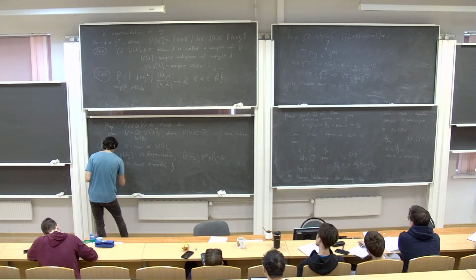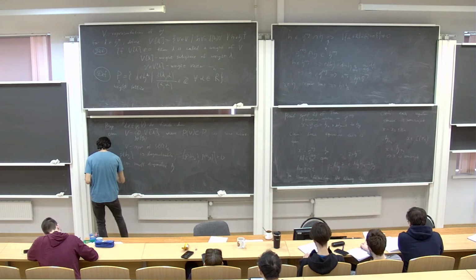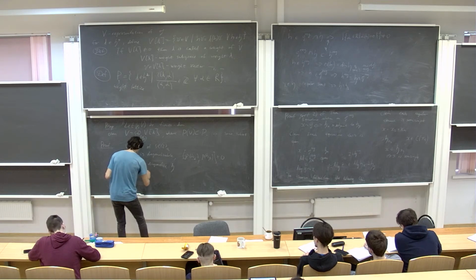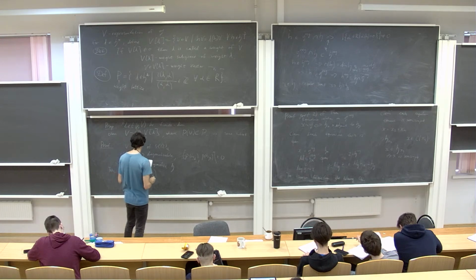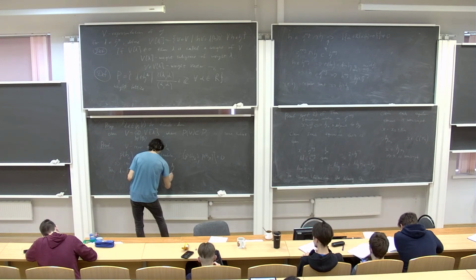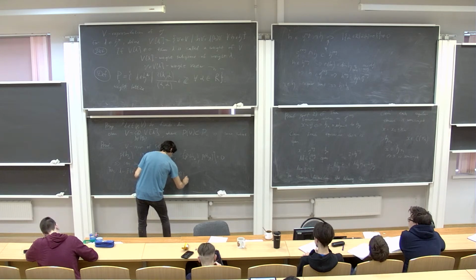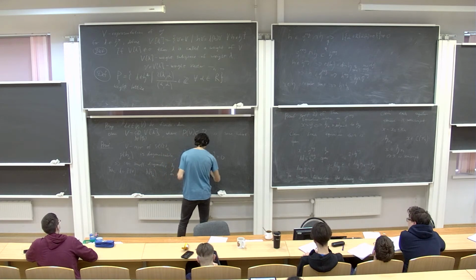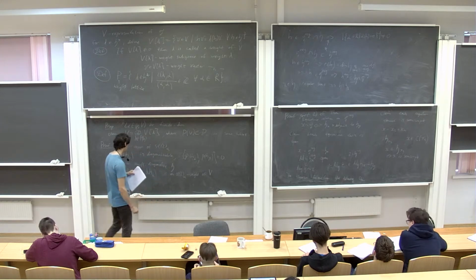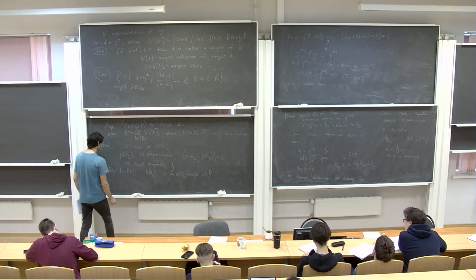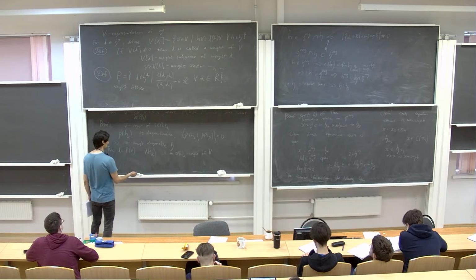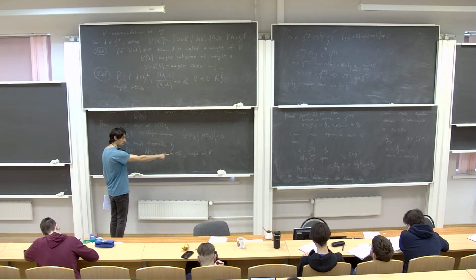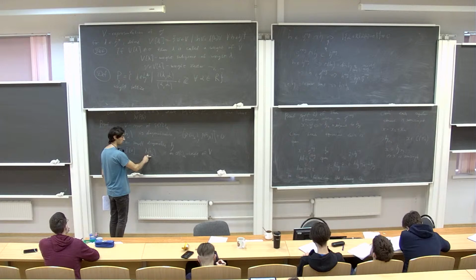If I take lambda from P of V, then lambda of H alpha is an SL2 alpha weight of V. But V is finite dimensional, so these things should be integers.